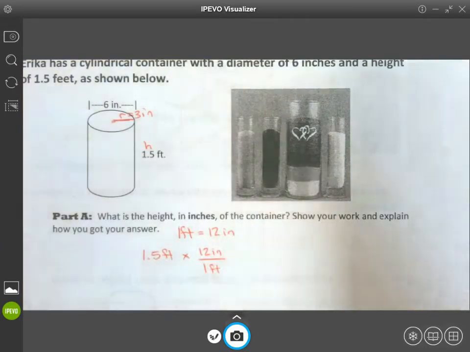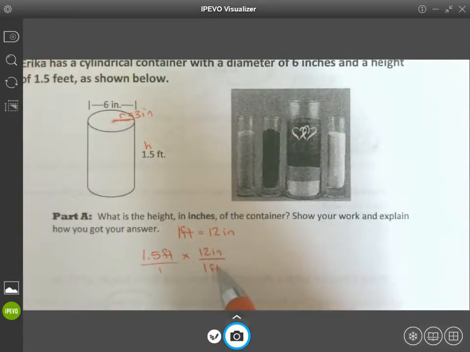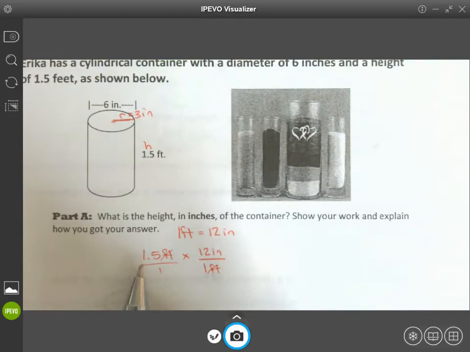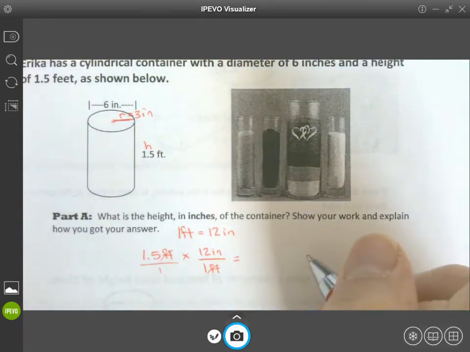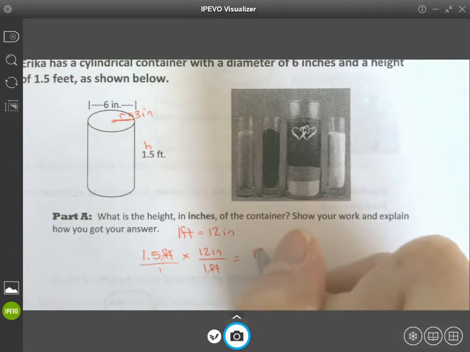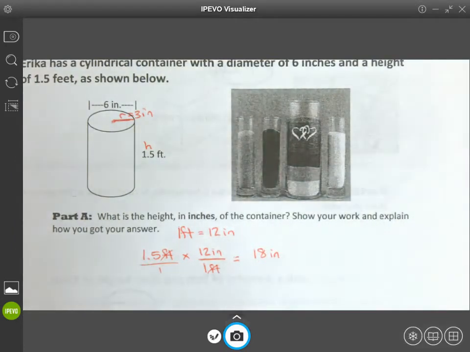Now, I don't need to show all of that, but I really think sometimes it helps. Look, the feet cancel, and 1.5 times 12 gives me what? I'm going to go with 18 inches, but you should double check my math. Anybody agree with my 18 inches? Good enough. No, it should be correct.